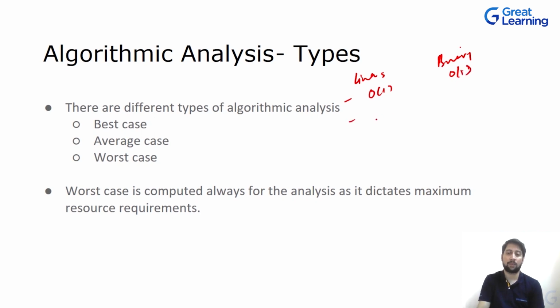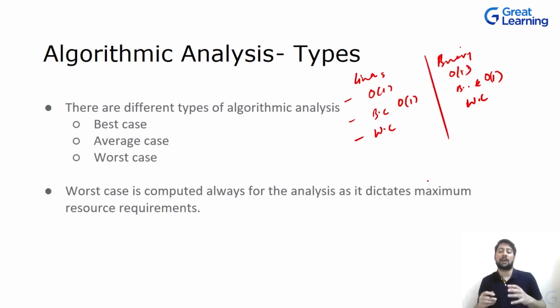And if you talk about the best cases of linear and binary search, it is again constant, and again the same. Now the worst case scenario is what helps us differentiate between binary and linear search. The worst case scenario for linear search is big O of n, whereas for binary search it is big O of log n.